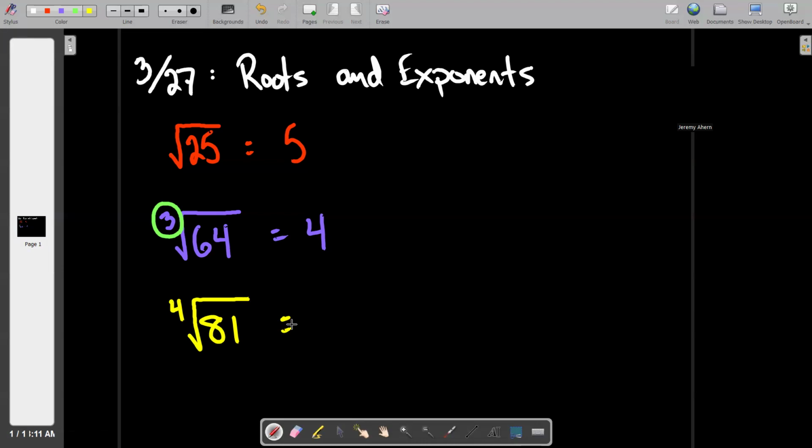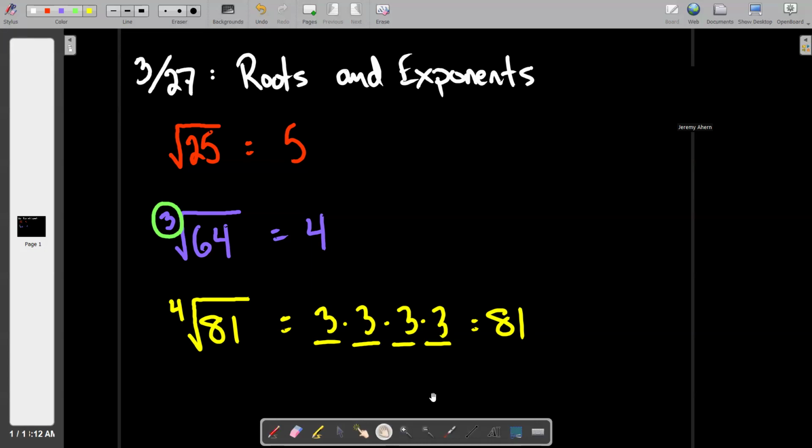Because you could think, okay, what number would I have to multiply by itself 1, 2, 3, 4 times to get 81? And the answer is 3, because 3 times 3 is 9. 3 times 3 is 9, and 9 times 9 is 81. So we come to understand that the 4th root of 81 simply equals 3.